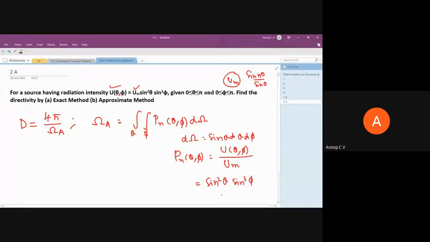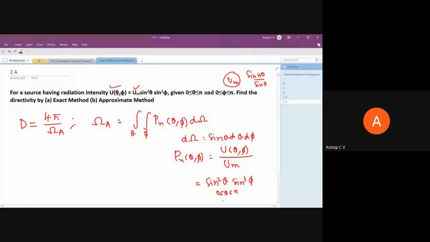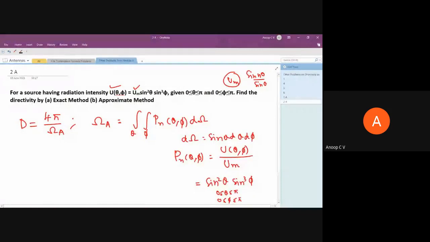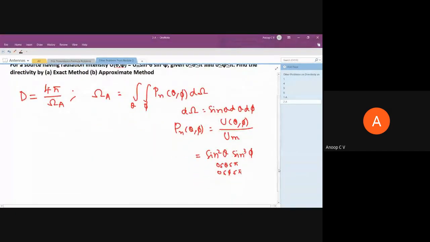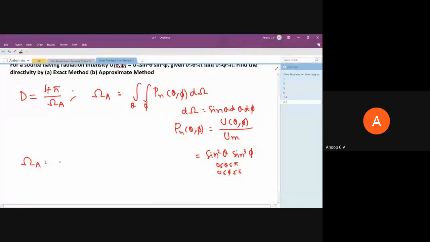Both theta and phi are 0 less than or equal to theta less than or equal to pi, and 0 less than or equal to phi less than or equal to pi. So now we'll initially find out omega A. Omega A will be equal to integral theta from 0 to pi and integral phi from 0 to pi. We should be very careful about this limit.